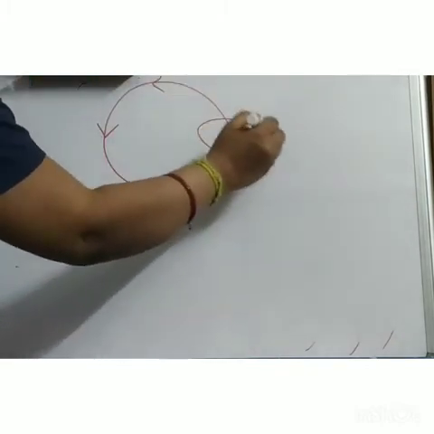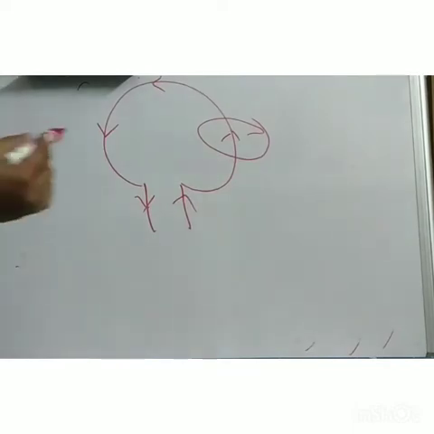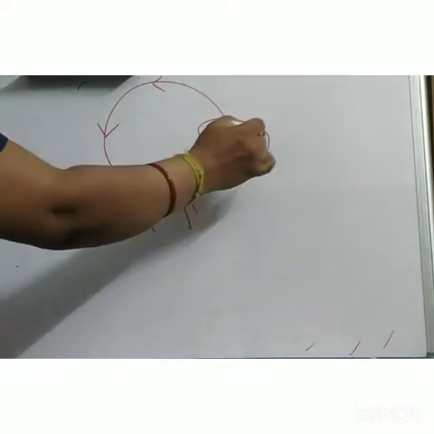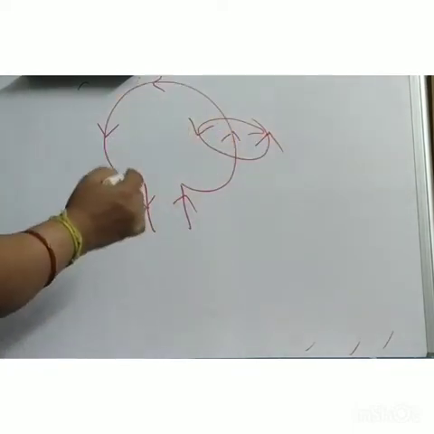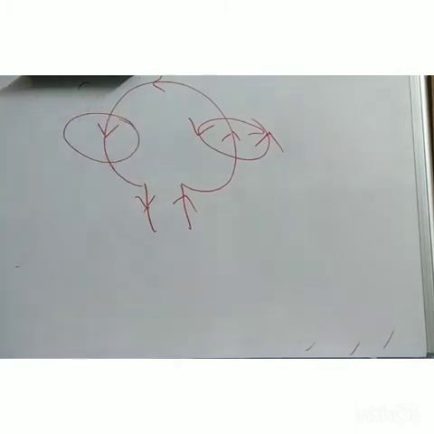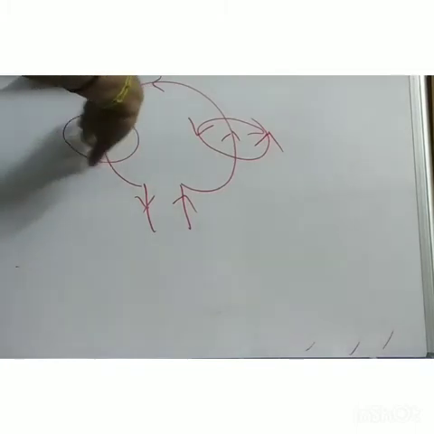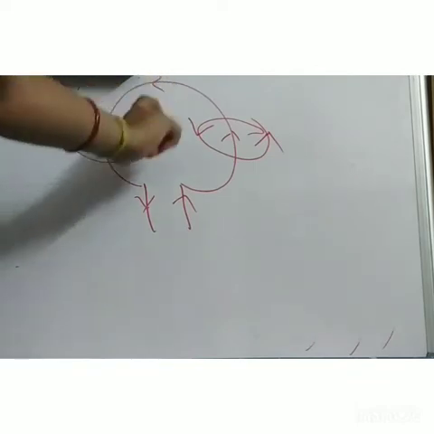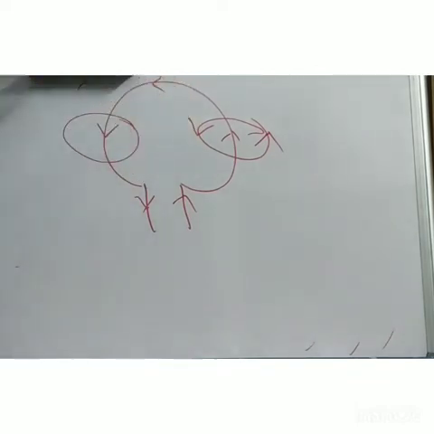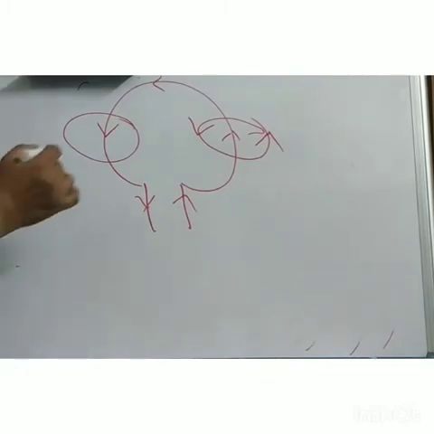So this is going inside. So what will be your arrow mark? Like this. Now observe over here. What you will see? This is your current direction. Now curl your finger. So going inside, here it is coming out. At this point it is coming out like this. So what will be your direction?